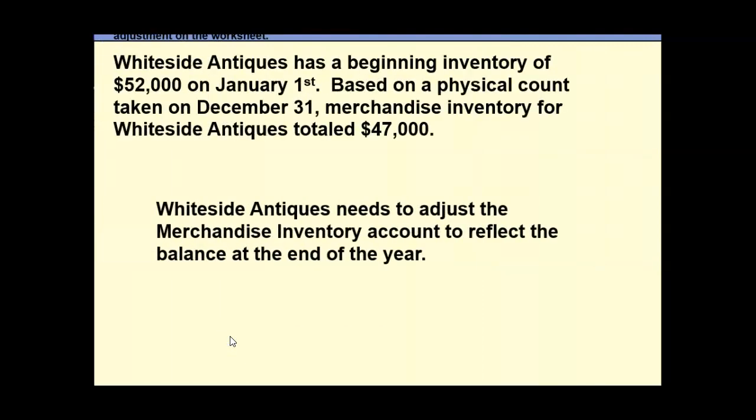Let's say that Whiteside Antiques had beginning inventory of $52,000. Then at the end of the year, they did a physical count of inventory, and now they have inventory worth $47,000. We need to adjust the inventory count to reflect the balance at the end of the year.